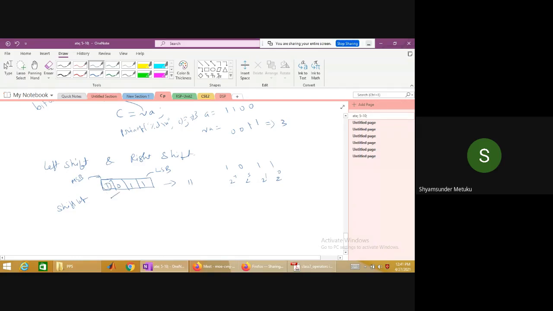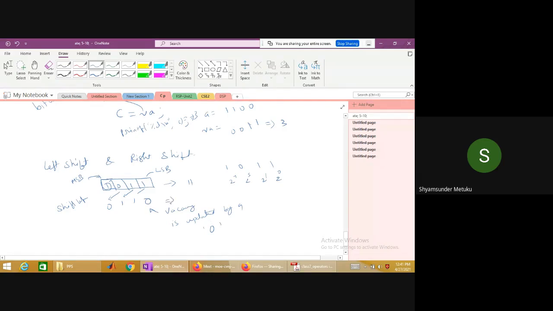In place of 1, 0 is written, in place of 0, this 1 will be written, in place of this 1 will be written. And this is a vacancy, right? The vacancy that is created is updated by 0. Is it clear? That is the left shift operation.